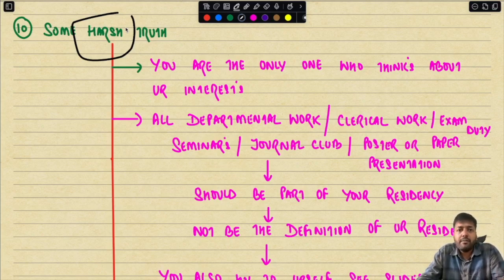Remember that in your residency program, you are the only one who thinks about your interest. Don't hope that your guide, co-guide, HOD, senior or colleague in the department is going to think about your interest.